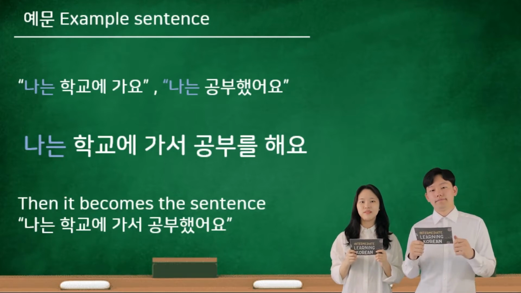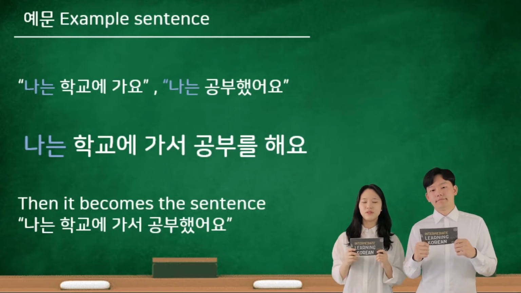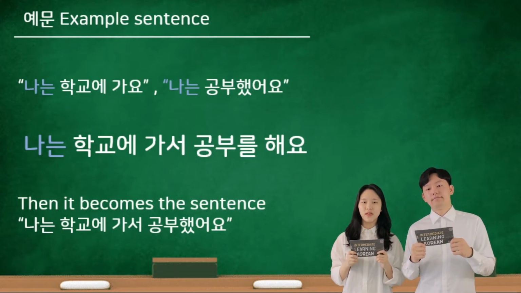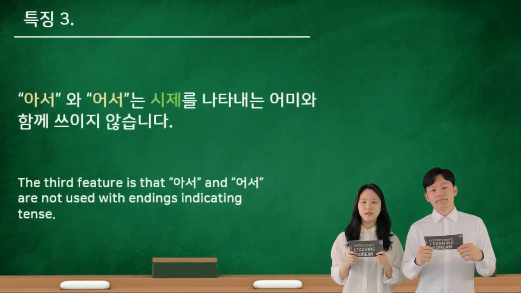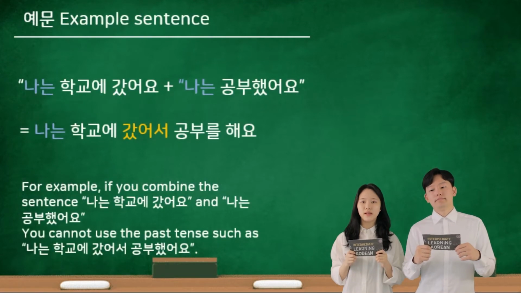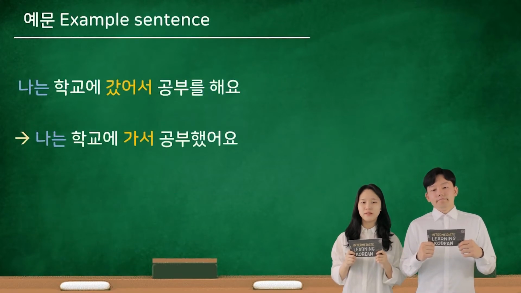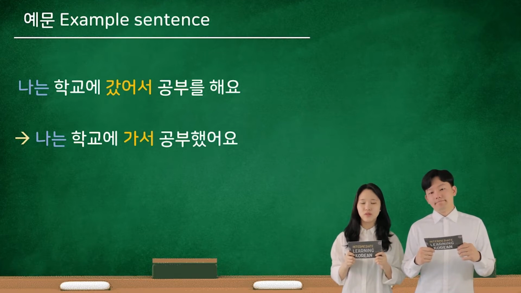Yes, this is the second example sentence. 밥을 먹어서 배불러요. 어서 is used in this sentence. In the basic verb 먹다, the stem ends in a vowel other than 아 and 오. So, 어서 is used.